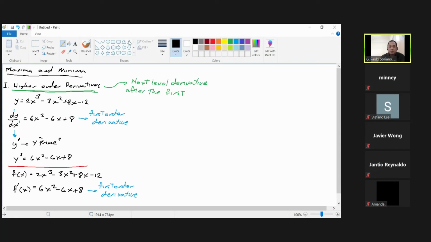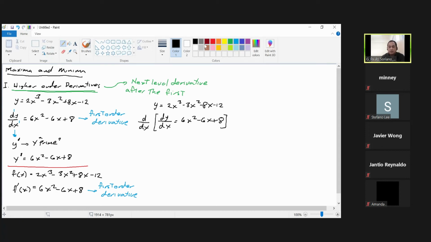If I copy this over, say y equals 2x cubed minus 3x squared plus 8x minus 12, we got dy per dx equal to 6x squared minus 6x plus 8. Then we take the derivative again, d dx of this.